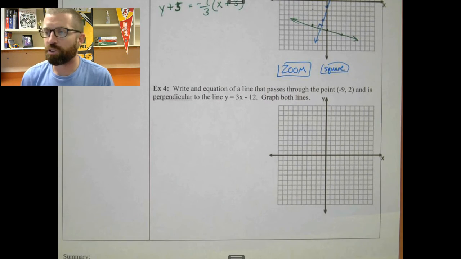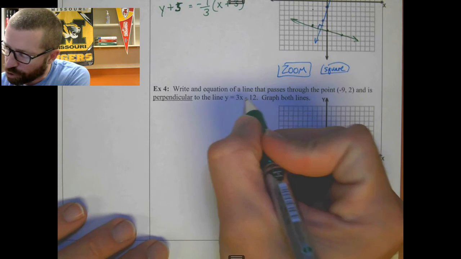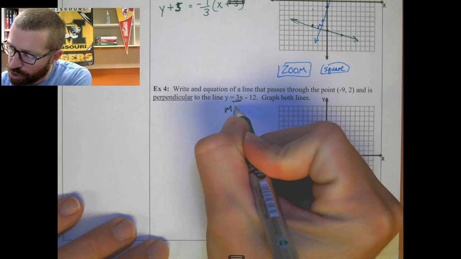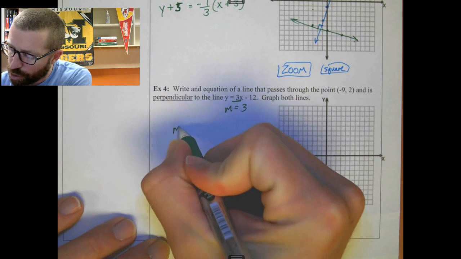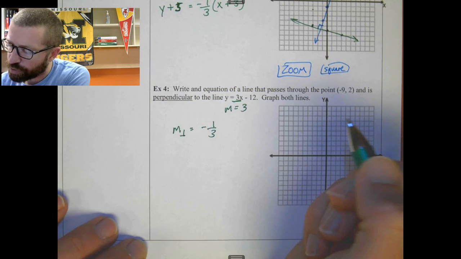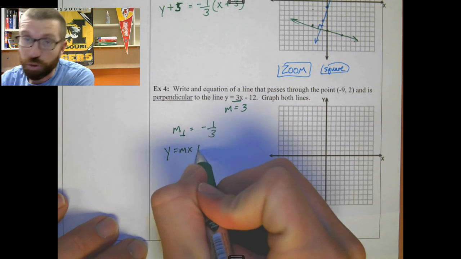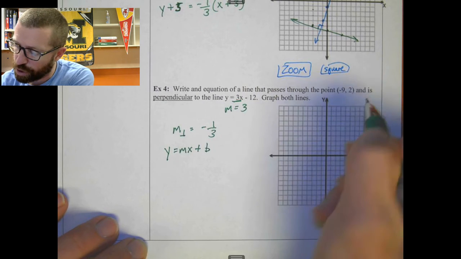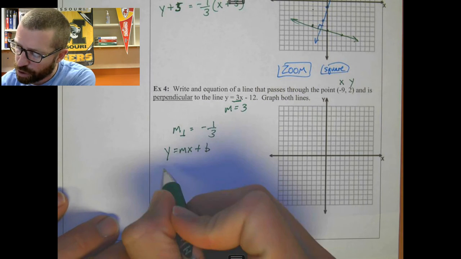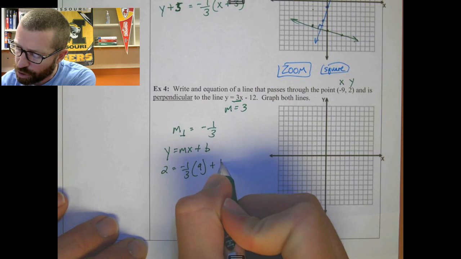Okay, pause the video and try this next one. Once again, we've got to find our slope. So we start with m is equal to 3, and our perpendicular slope, again, is -1/3. And let's use y equals mx plus b this time around, just to do it a little differently than the last one. So we have x and y here. So 2 is equal to -1/3 times 9 plus b.